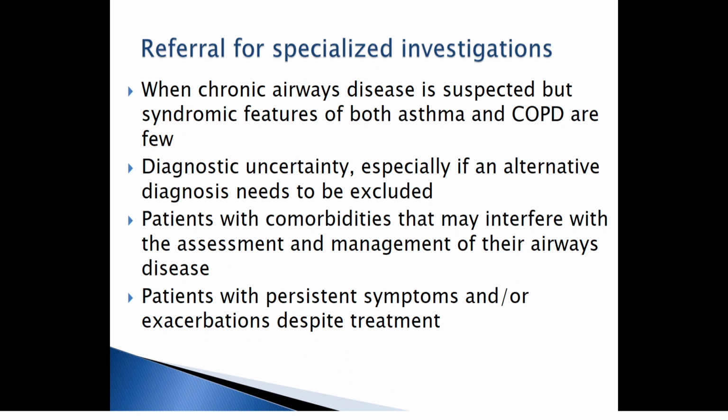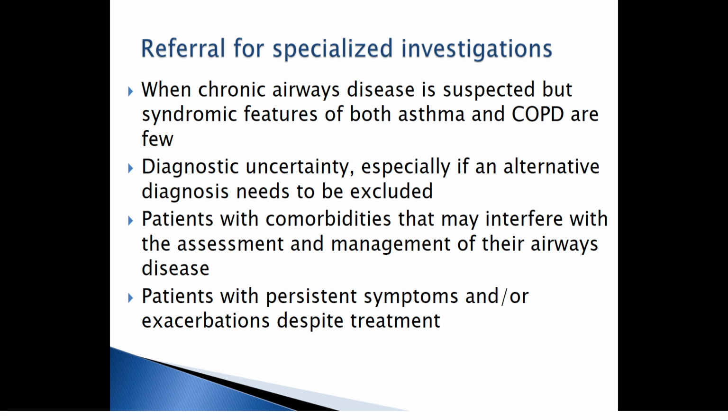And if patient is uncontrolled despite your treatment, you have to check the diagnosis and refer for specialized investigation. When chronic airway disease is suspected, but syndromic features of both asthma and COPD are few, we send patient for specialized investigation.